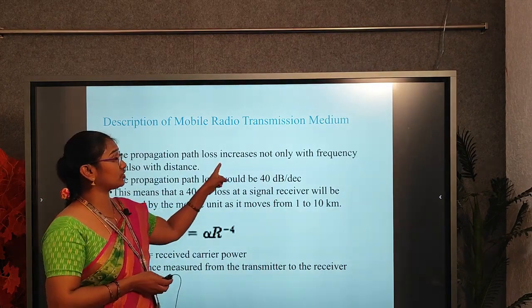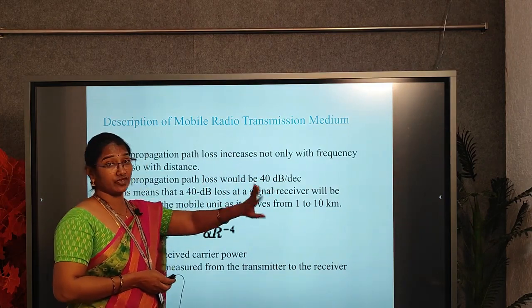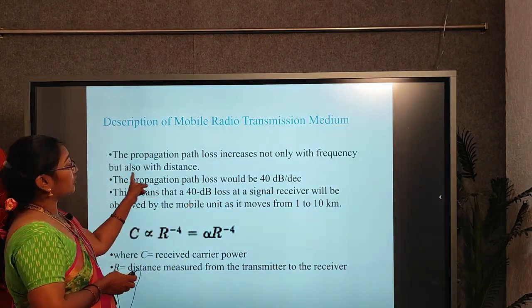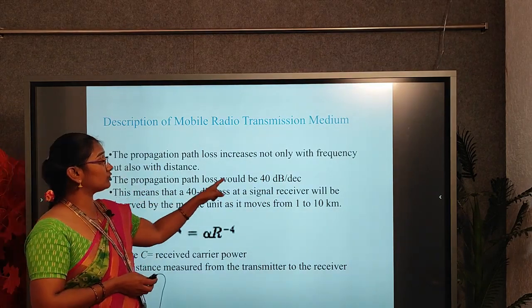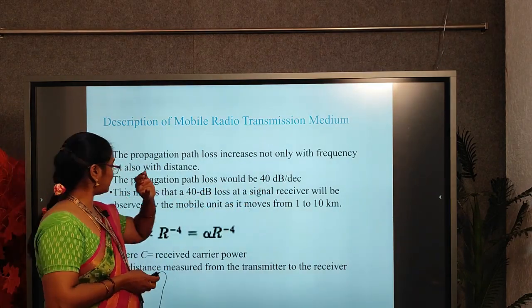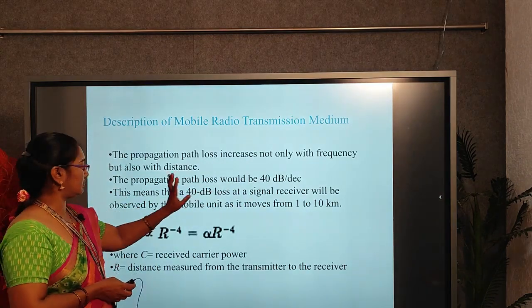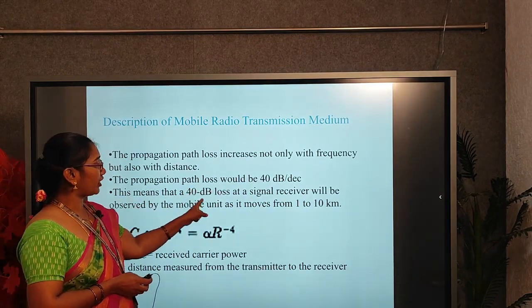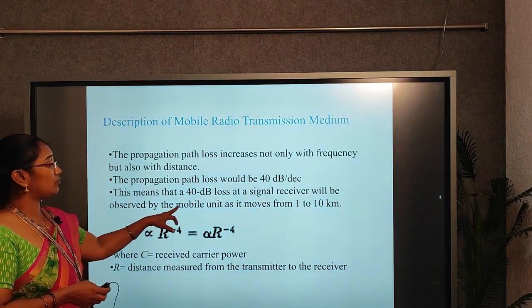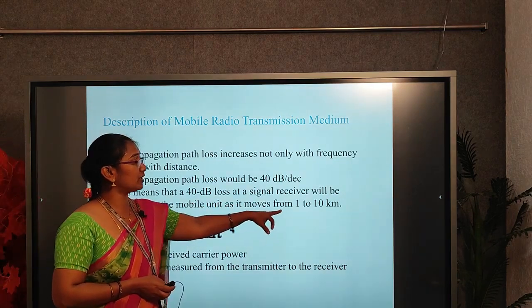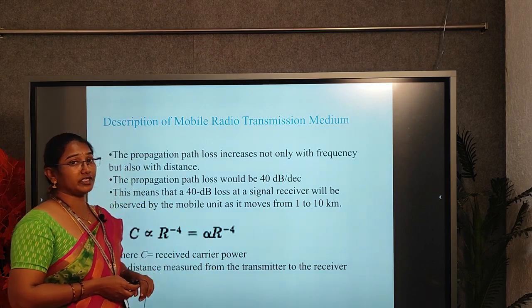So the propagation path loss increases not only with the frequency but also with the distance. Next, the propagation path loss would be 40 dB per decade. This is a measurement, right? This means that a 40 dB loss at the signal receiver will be observed by the mobile unit as it moves from 1 to 10 kilometers.